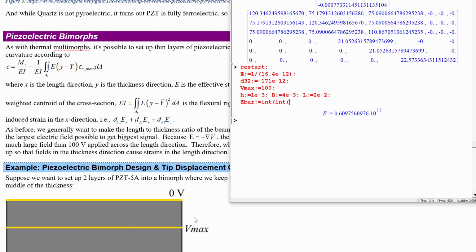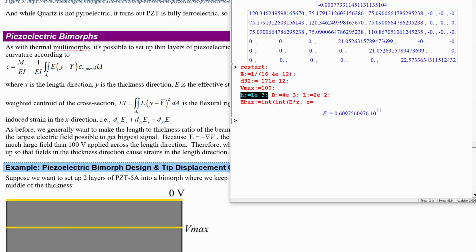We're extending in Y, so it's an integral of E times Z from Z is, let's see, what's the low value of this? In the notes, I go from negative H over 2 to H over 2, and I put Z equals 0 in the middle. Let's set it up differently.